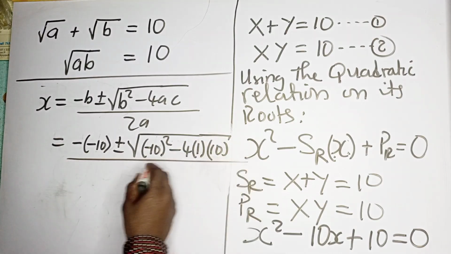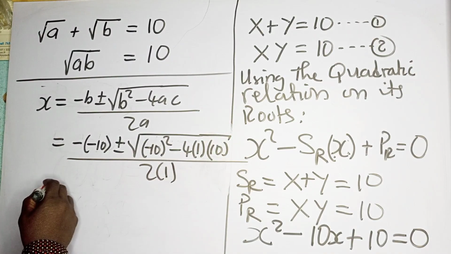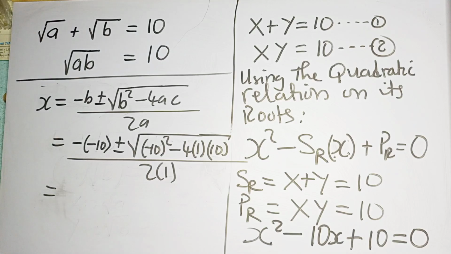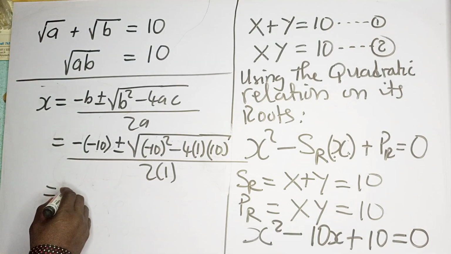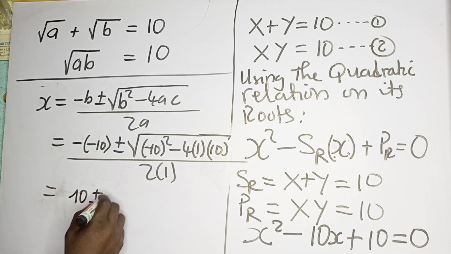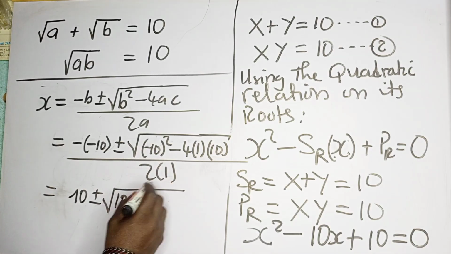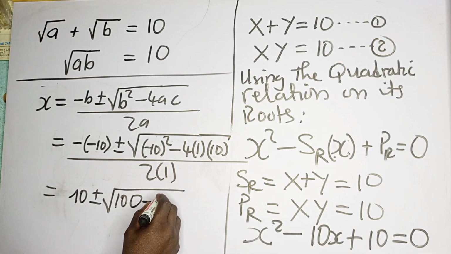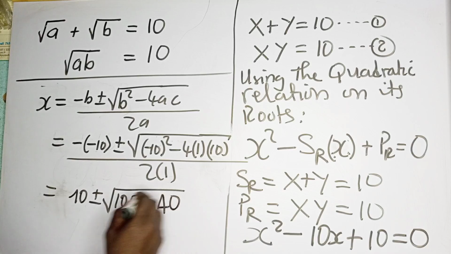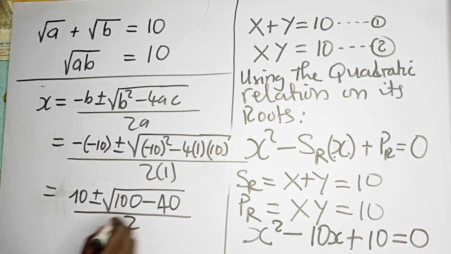Okay, all of that divided by 2a. So this gives us negative is plus positive. So we have 10 plus or minus the square root of negative 10 squared, which is 100, minus 4 times 10, which is 40, all over 2.